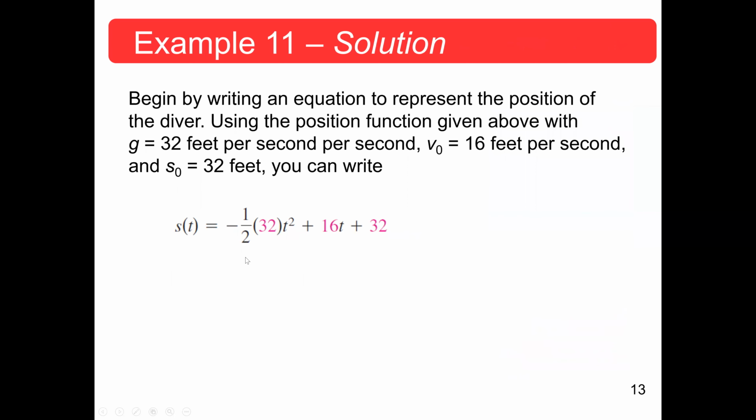Here we know the formula: s of t equals negative one half g t squared plus 16t plus 32, with g equal to 32. So s of t gives us negative 16t squared plus 16t plus 32. That will be our position function.